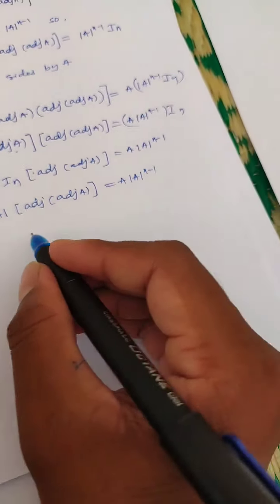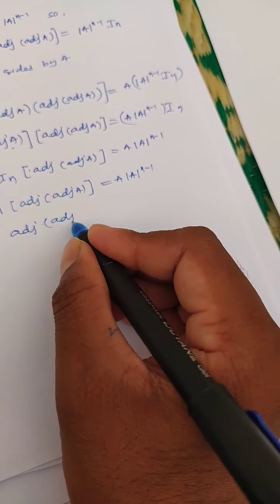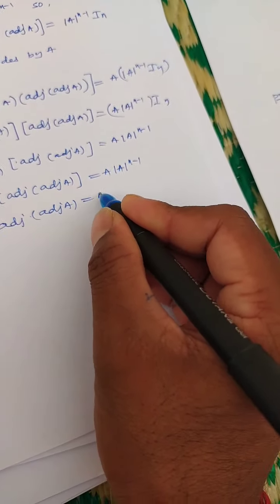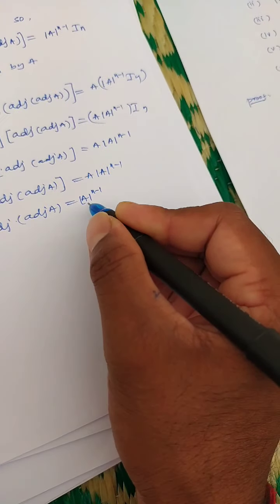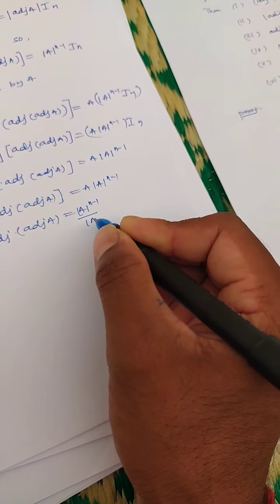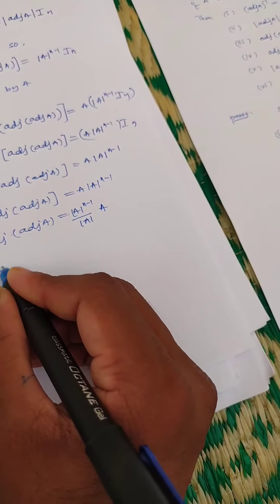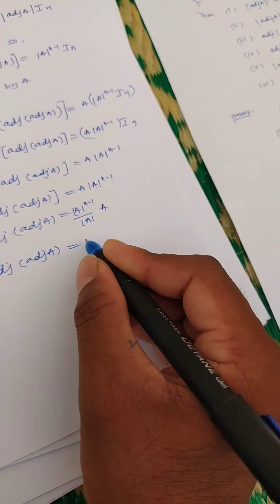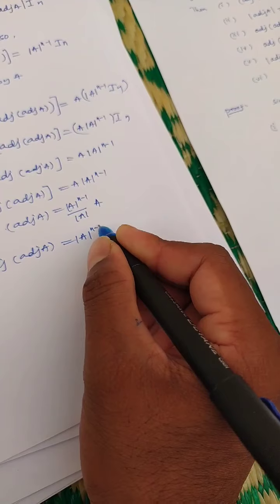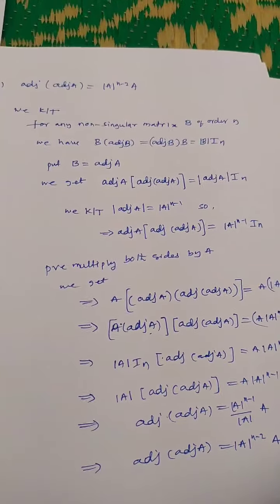I am sending this determinant to the right hand side. You will get adjoint of adjoint A equal to det A whole power n minus 1 by det A into A. That implies adjoint of adjoint A is equal to det A to the power of n minus 2 into A, right? This is the proof of 3.